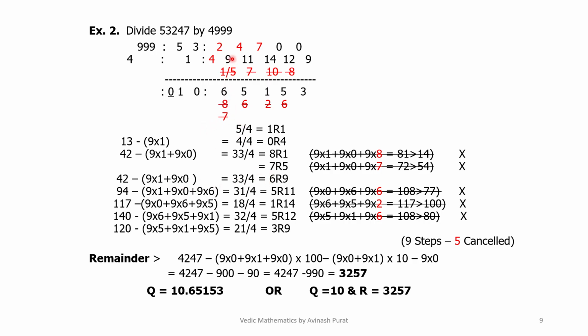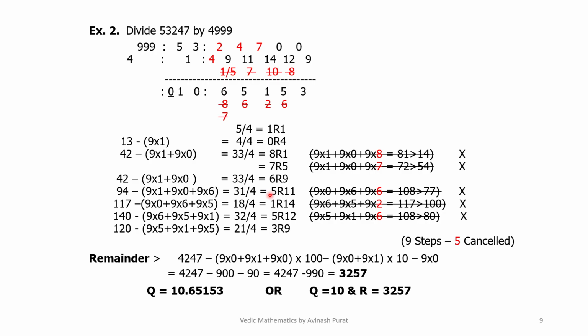Now 94 is the next dividend, minus 9 into 1 plus 9 into 0 plus 9 into 6 equal to 31 divided by 4.